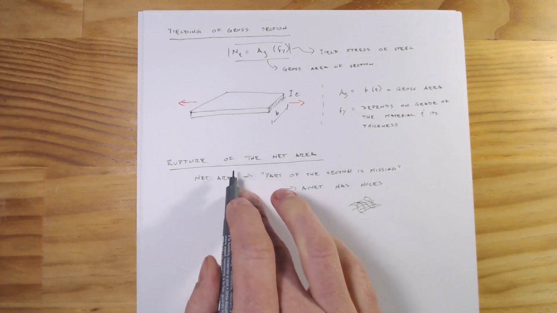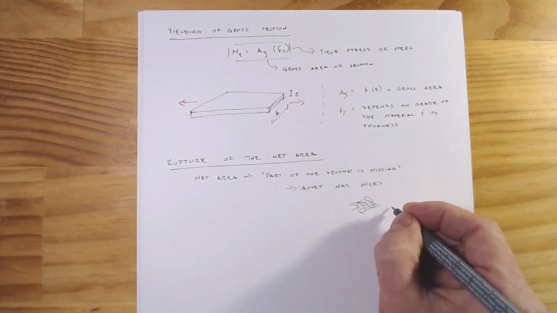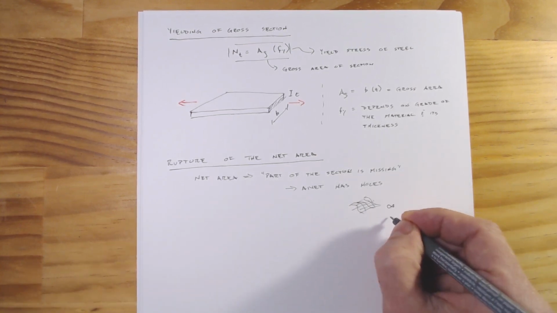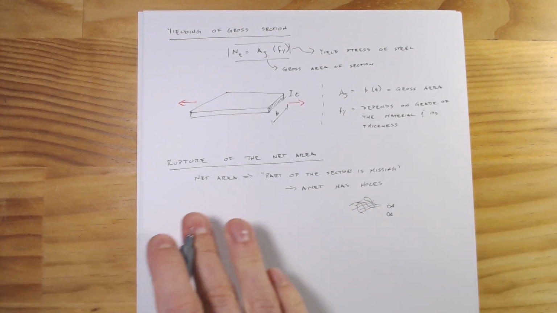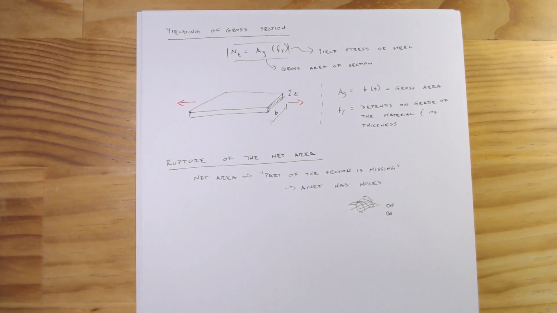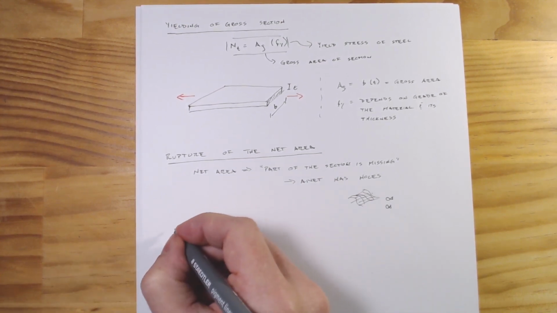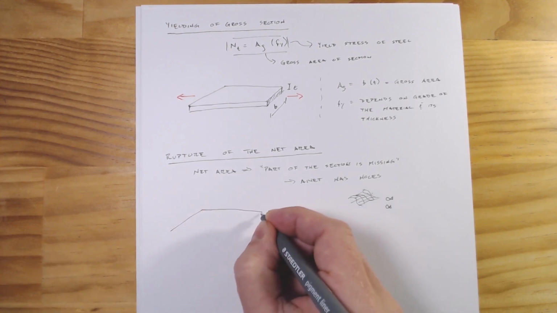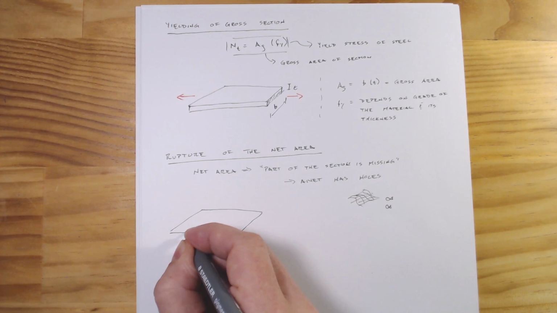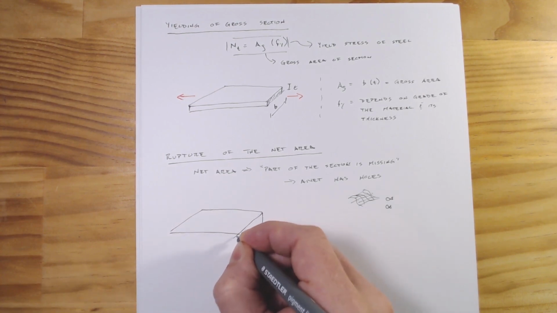Our net section is going to have holes in it, and just for fun, nets are there to try to catch those fish. All right, enough of that. Let's look at a more specific example for steel. Again, we're going to go ahead and draw ourselves a section here.